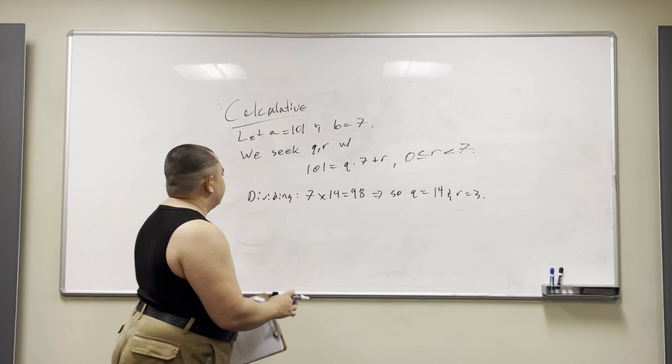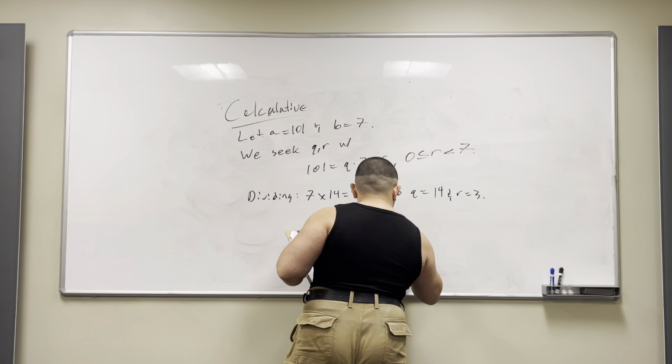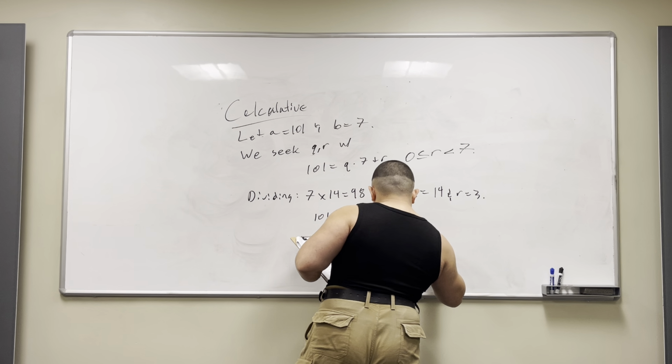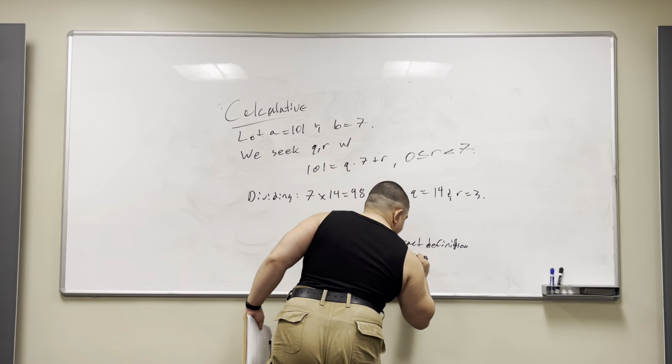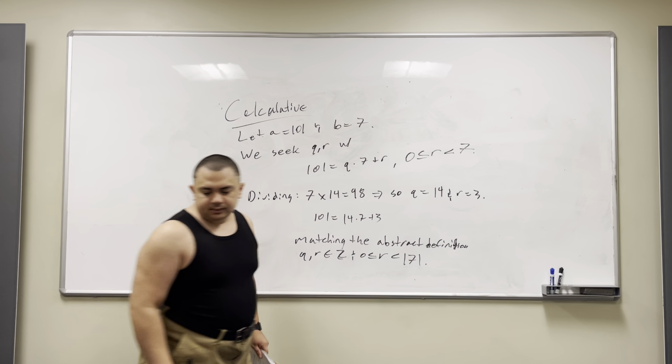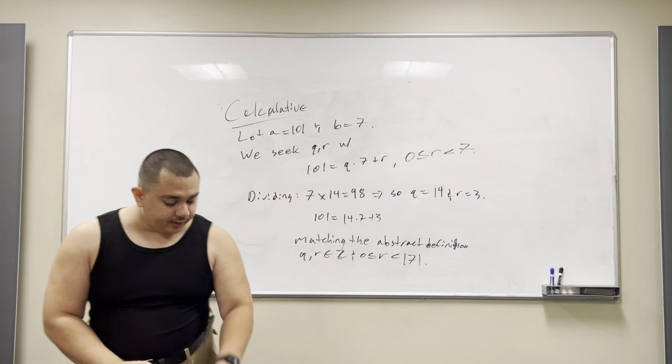Matching the abstract definition: q, r being in the integers, and 0 being less than or equal to r, which is less than the absolute value of 7. Simple enough.